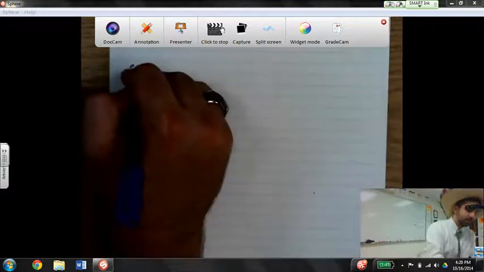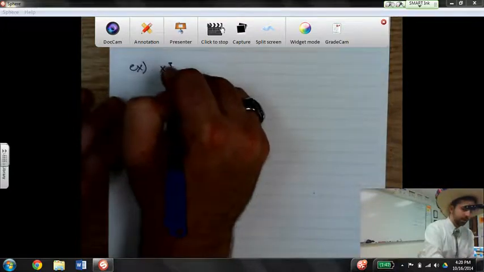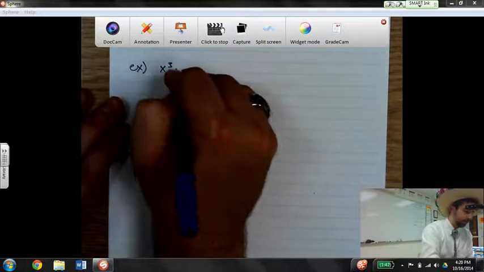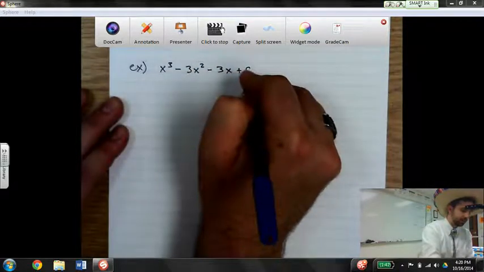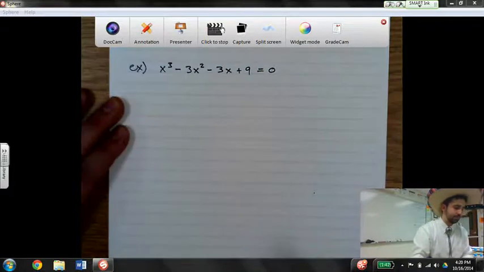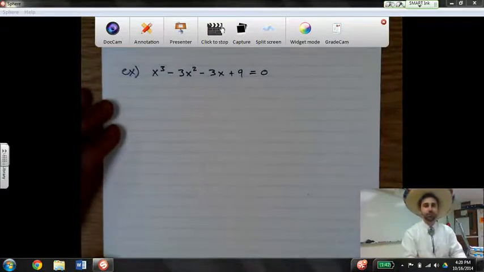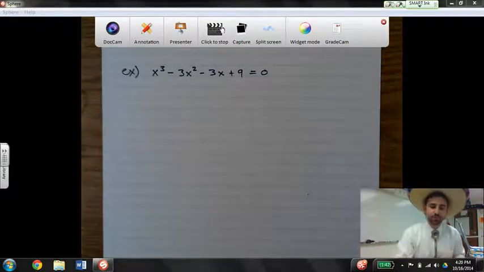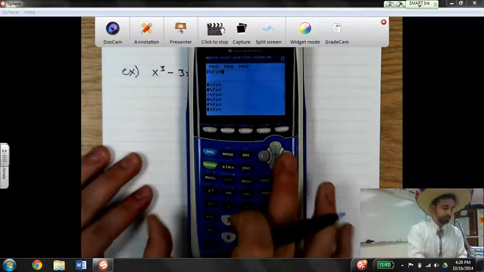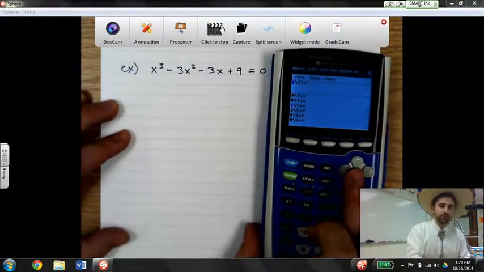Let's have the example x cubed minus 3x squared minus 3x plus 9 equal to 0. Once again, find all the roots. So our first step here is to identify one of the roots by graphing. So we'll take our calculator and plug in our function here.